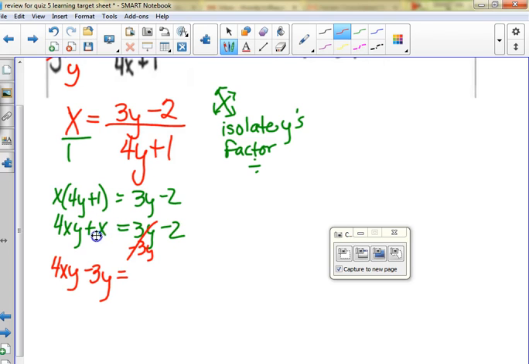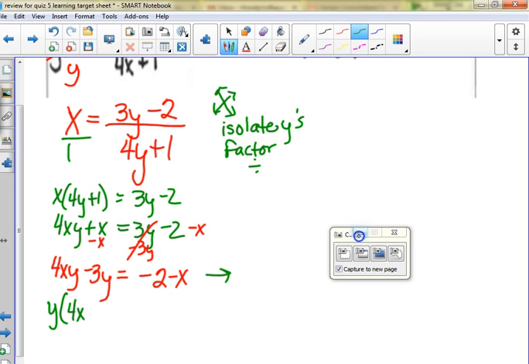Is everybody okay if I subtract that over to the other side? Now what? It's an F word. We have to factor. Take out the y. We can't divide by x.